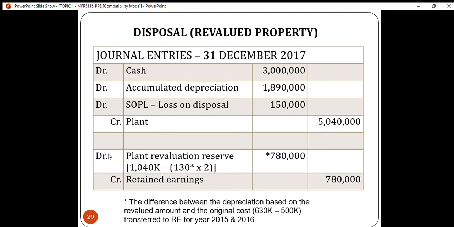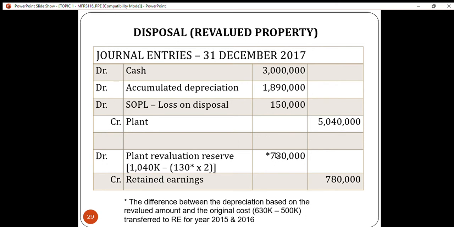And then we debit the plant revaluation reserve 780,000, and credit retained earnings 780,000. So why do we debit the plant revaluation reserve 780,000?